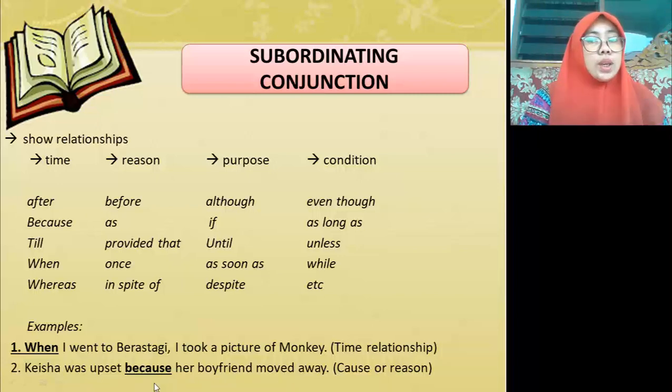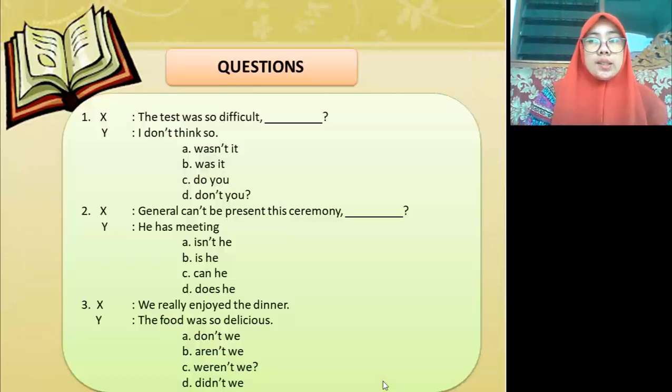The use of because here is showing the cause or reason. That's about the subordinating conjunction. I think it's easy for you, because you have learned about this in previous meetings, especially when you were in senior high school or junior high school. Okay, let's see the next.